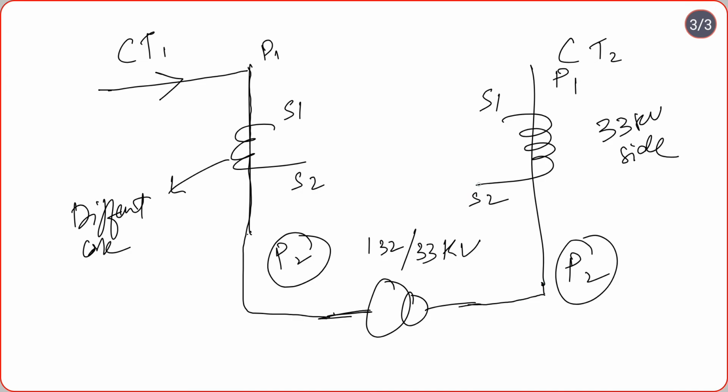Similarly, our secondary should be connected like S1 to S1 and S2 to S2, and this differential relay will be like this. It will be here.